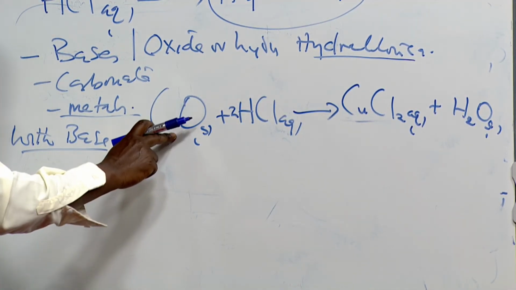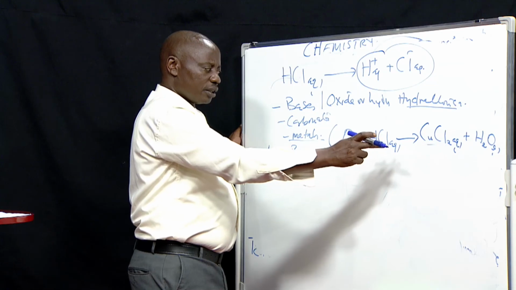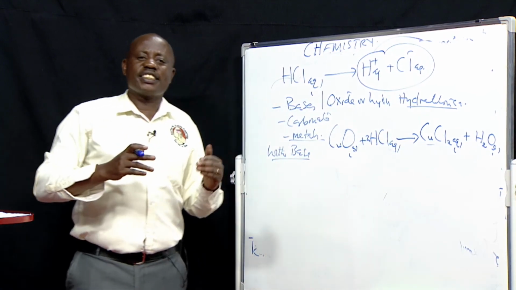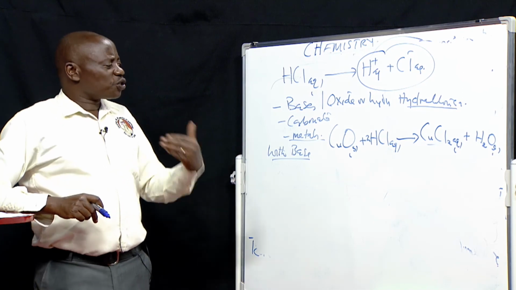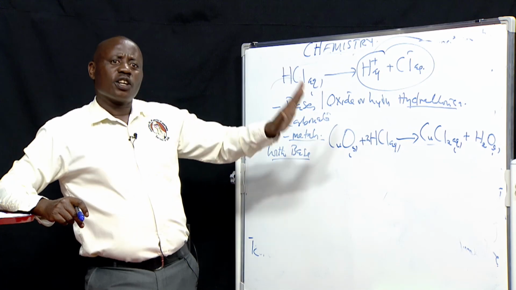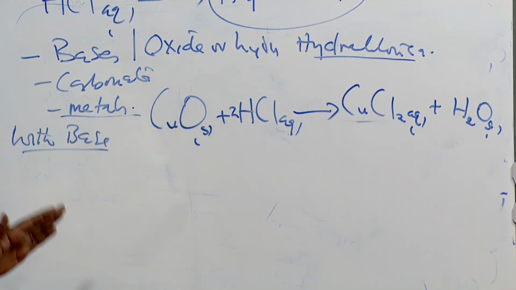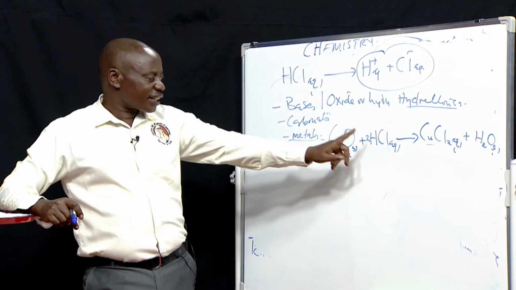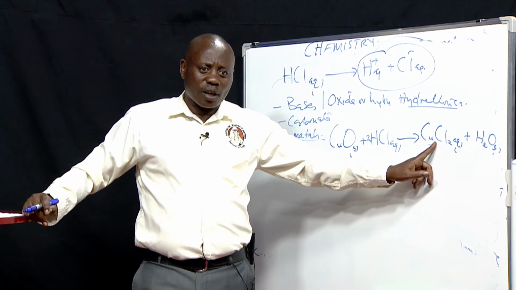When we have aluminum oxide, we form aluminum chloride. So there is no need of writing as many equations. What you need to know is that oxides produce the corresponding chloride, so this equation is enough. You should know that a base in the form of oxide reacts with acid and produces the corresponding chloride.